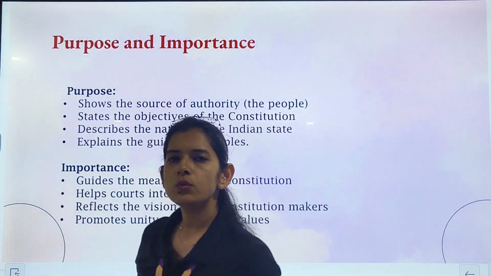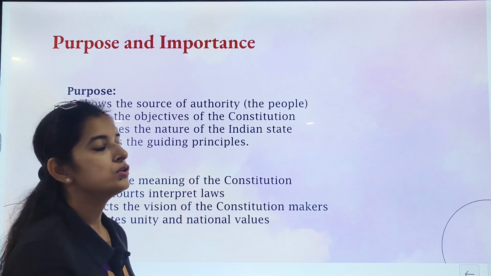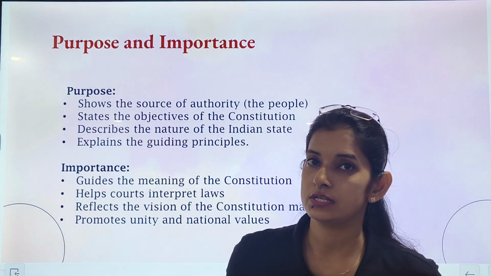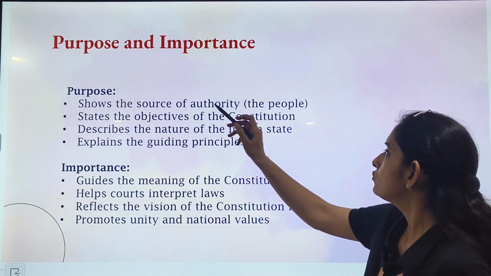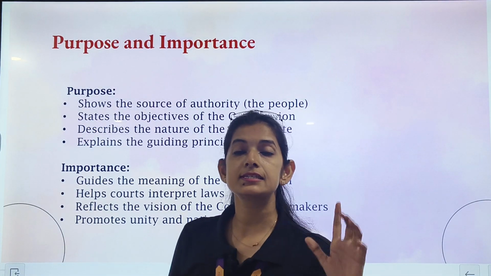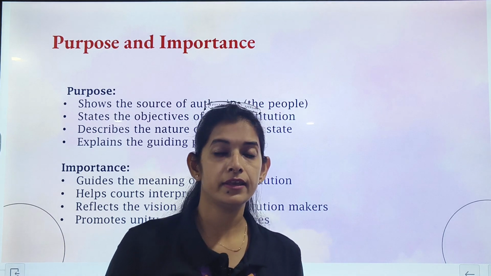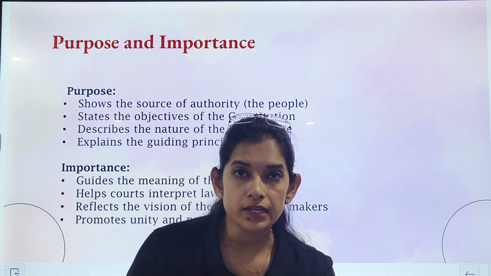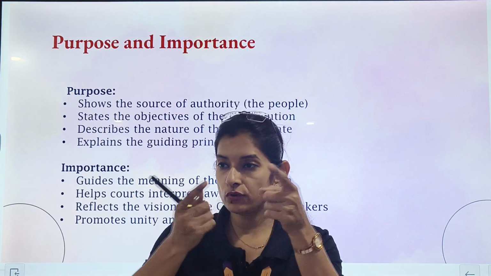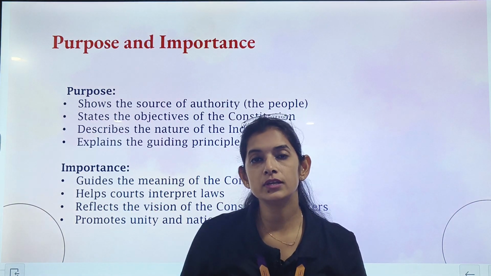Now, what was the purpose, or the importance, of making this document? First of all, to show the source of authority. As we have already discussed, India is a democratic country, and it is not at all possible for all the people to come up and rule the country.